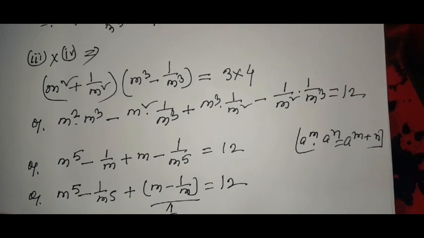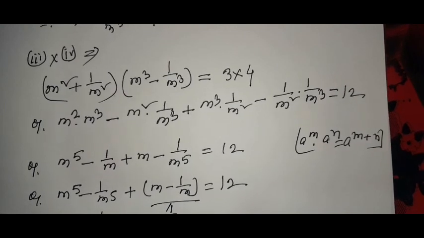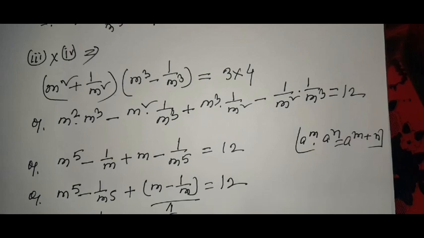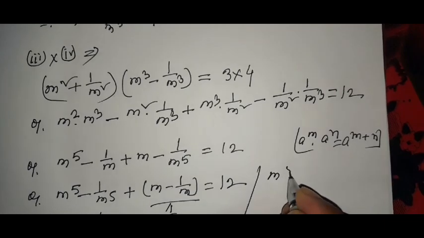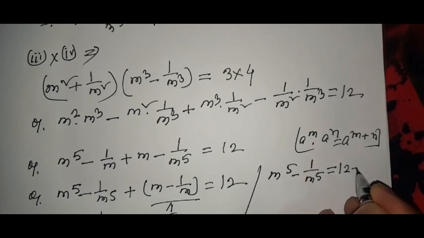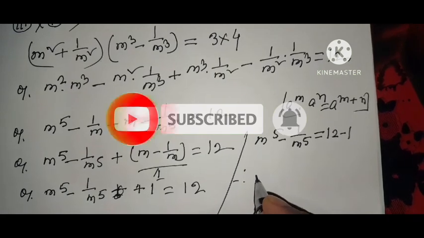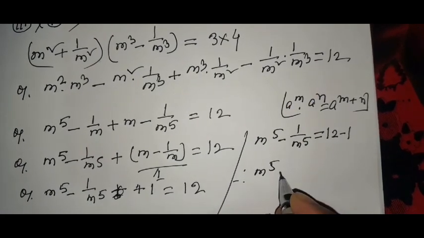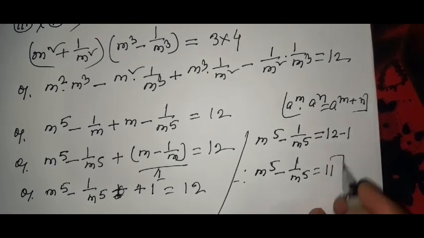Here the value of m − 1/m is equal to 1, so we can write m⁵ − 1/m⁵ + 1 is equal to 12. So we can write m⁵ − 1/m⁵ is equal to 12 − 1. So the answer of m⁵ − 1/m⁵ is equal to 11.